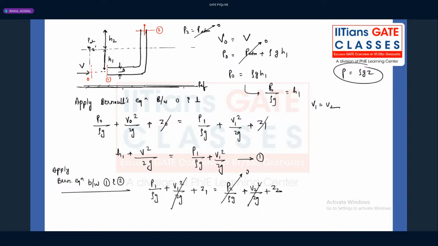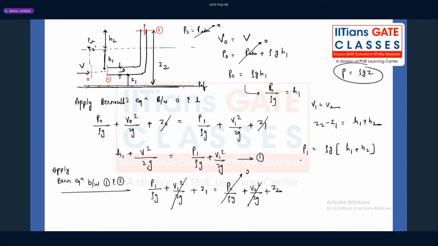What about the reference height, guys? It's Z2 here, and here we have the height, for example, Z1. So Z2 minus Z1 will be what, guys? It's H1 plus H2. So what can we write here? We need to get the values from equation number 1. P1 by rho g can also be written as Z2 minus Z1, which is nothing but H1 plus H2.